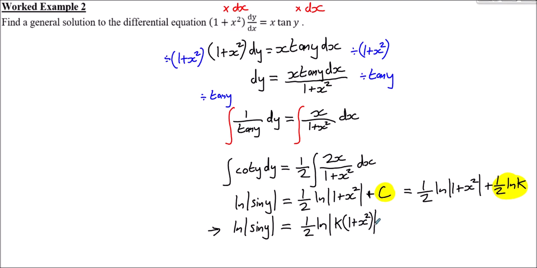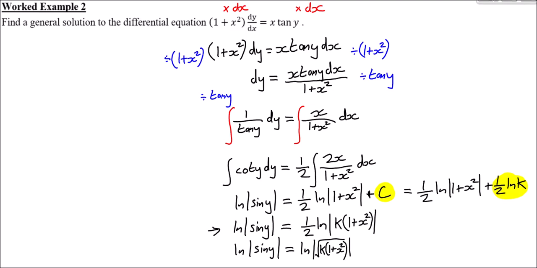Like so. Now because it's a half, this can actually be put back as a power here. So ln mod sine y is the same as ln of mod of all of that to the power of 1/2. However, to the power of 1/2, hopefully remember that's the same as a square root. So now we have ln of one thing equals ln mod of the other.